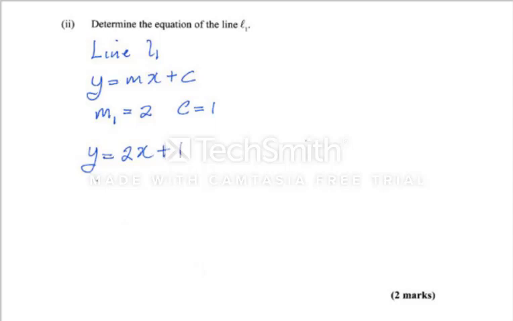The equation of line L1 is y is equal to 2x plus 1. L1 has a positive gradient, and it cuts the y-axis at 1. So here, this is the gradient, and this is the y-intercept, which is 1.